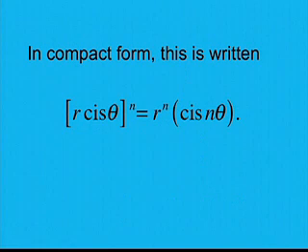In compact form, this is written r cis theta, all raised to the n, is equal to r to the n times cis n theta.